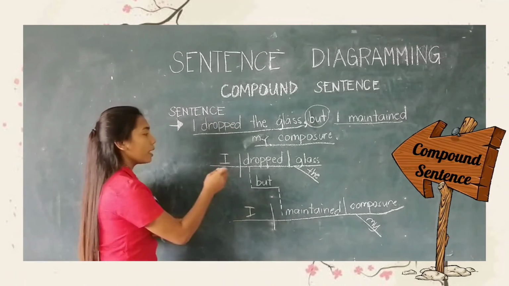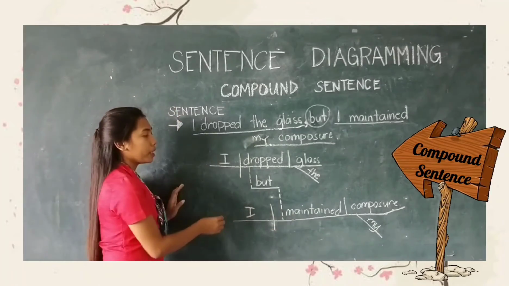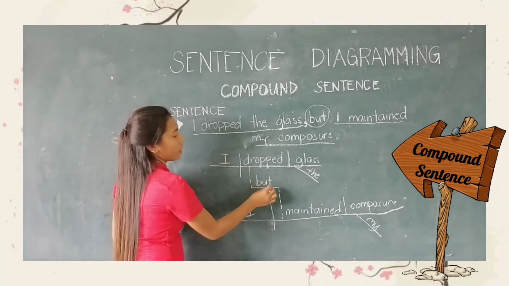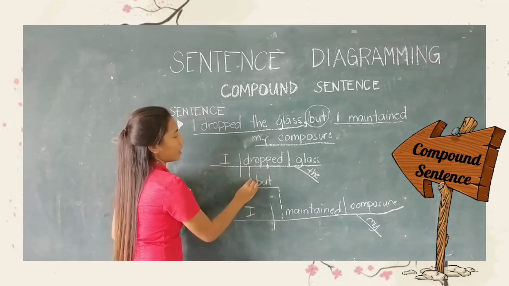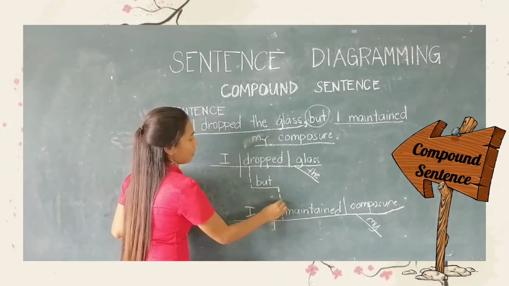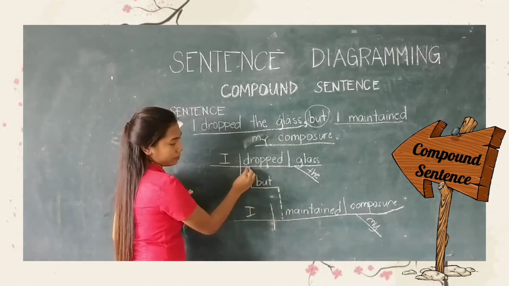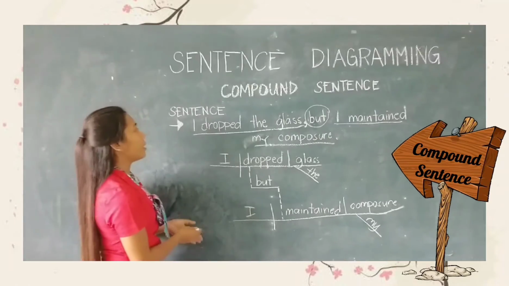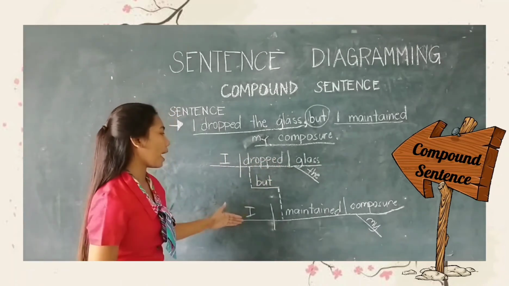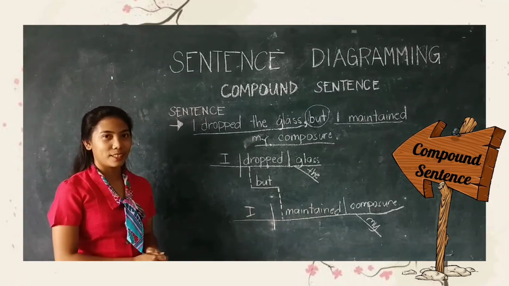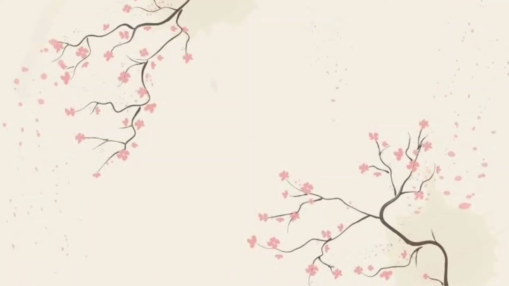This rule is to connect the two clauses in their verbs, meaning their verbs must be connected to one another, and these dashed vertical lines must be placed in the verbs. So let us check if we're able to diagram this sentence. I dropped the glass, but I maintained my composure. Since we're able to diagram this sentence, let us proceed to the next element.